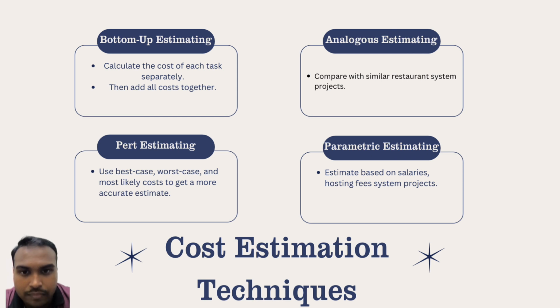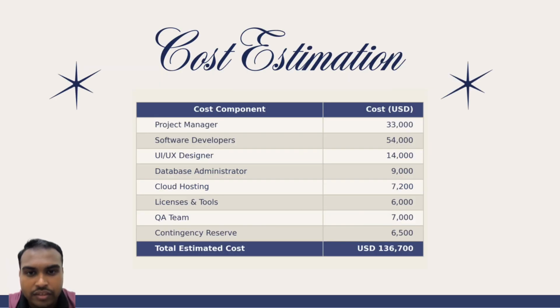Using these techniques, the total estimated project cost was calculated as 136,700 USD. This slide shows the estimated cost for each component of the project. The largest cost is the software developers, at USD 54,000, followed by the project manager at 33,000.